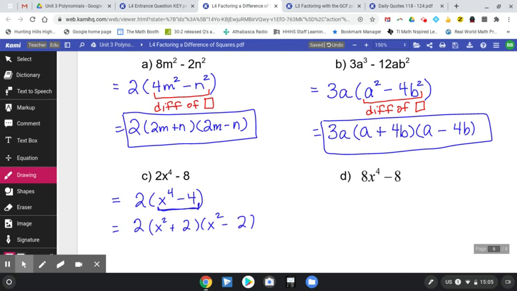Now, what I was saying earlier about look carefully is sometimes we see this x squared and we think, oh, there's a perfect square, this can go further. But remember that that's a perfect square, but this isn't. So this is fully factored. This is not a difference of squares. And that means we are done our factoring right there. Go ahead and try D, please.